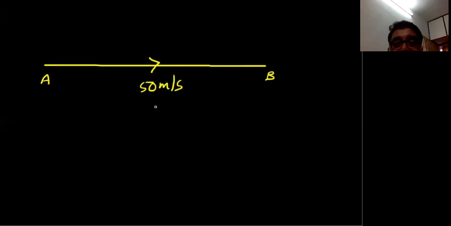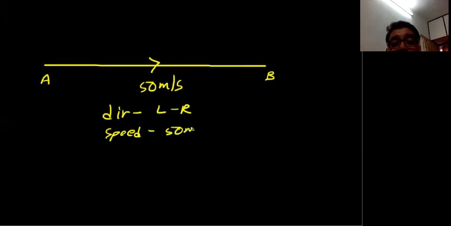Of course, that is a lot of speed for a car, but we're going to assume that it travels at 50 meters per second. So in this case, the direction never changes. It is always going from left to right. The speed of the car also never changes. It is always 50 meters per second. So this kind of motion, where the direction does not change and the speed does not change, we call uniform velocity.